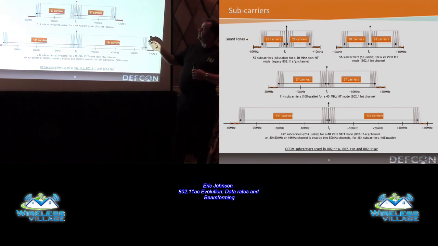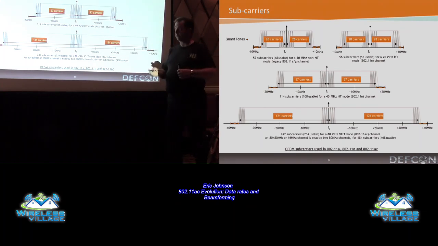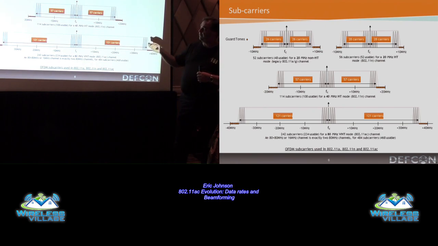With 11N, we had 56, so we squeezed out a couple of these guard tones. The bandwidth is a little bit incrementally wider. We still have 4 tones associated with pilots, but that gave us those extra 4 tones. It's just the ratio. It's about 10% more raw bandwidth for the same modulation rate. Then we go to 40 megahertz channels.